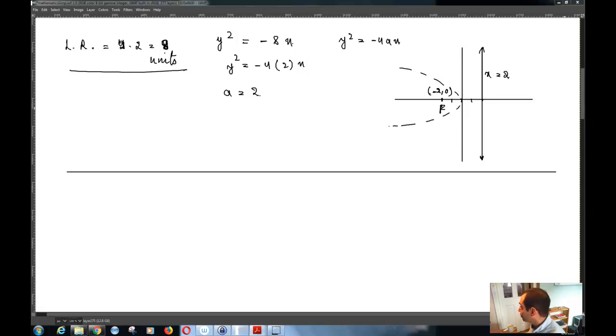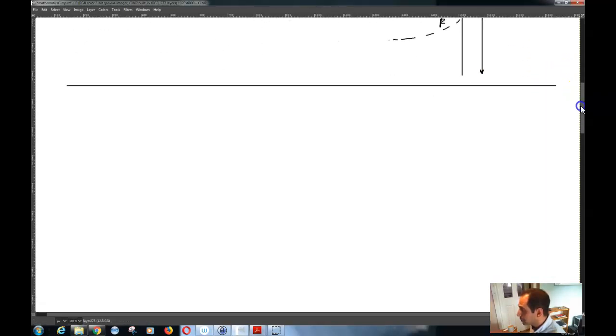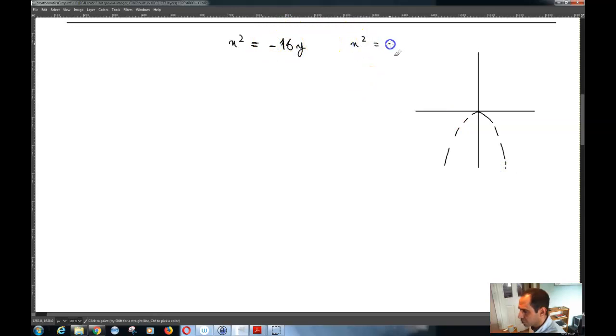Now, for example, number 4 is you have some parabola like x squared is equal to negative 16y. Now, since the axis of symmetry is the y-axis, and since it's negative, it's opening downwards, so I can write x squared is equal to negative 4ay.